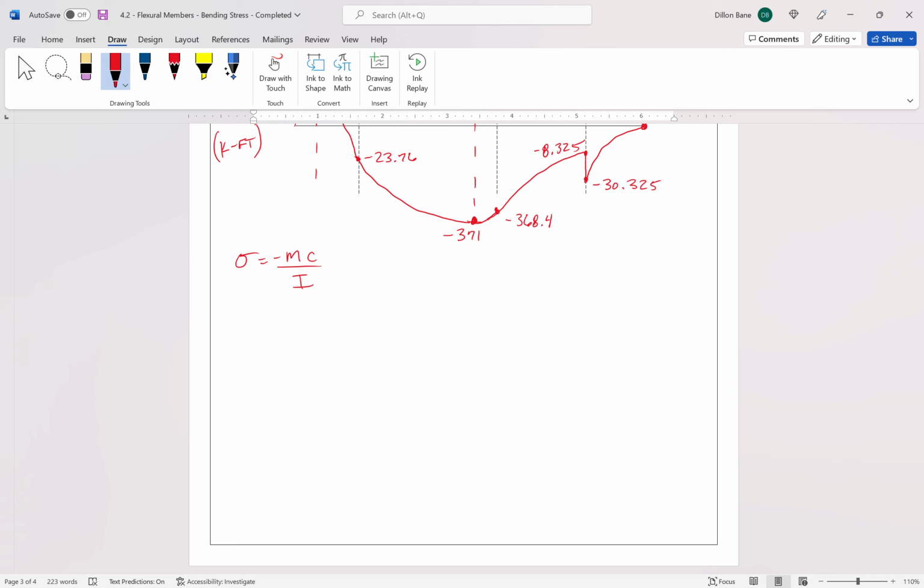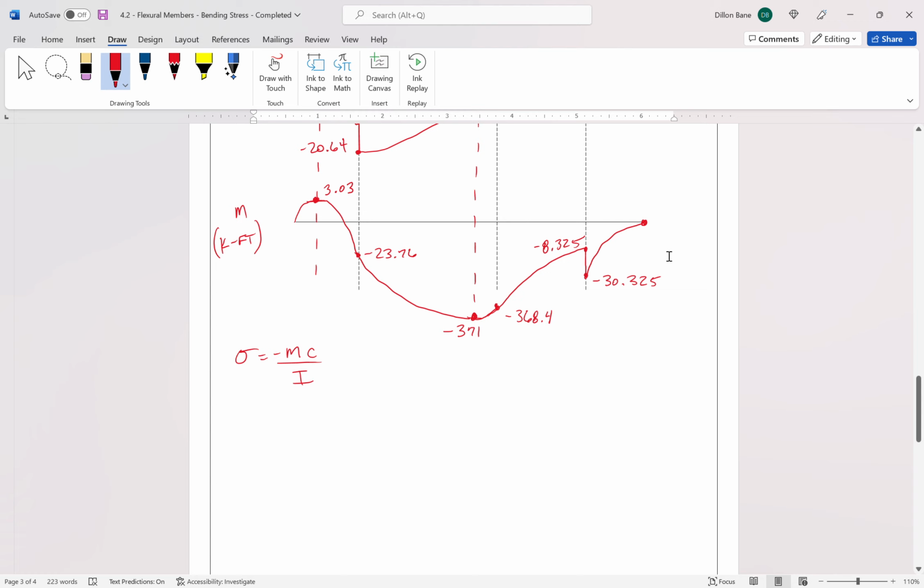So taking a look at our moment diagram, the very beginning portion of our moment diagram is positive, whereas the rest of the moment diagram is below the zero. It's negative. So we've only got a small portion of this beam in positive moment, and the majority of this beam is in negative moment.